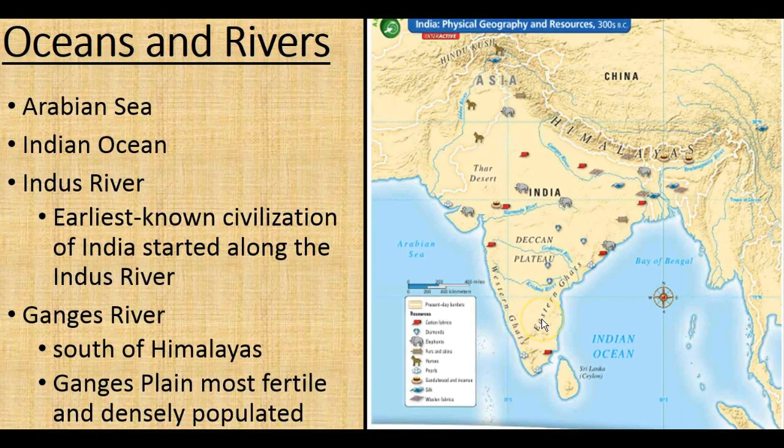And when you look to see where people live in India, it is along the banks of the Ganges River, okay? So this note says that it's the most fertile and densely populated. When something is dense, that means that there's a lot of it in one area. So densely populated. Many people live along the Ganges River.